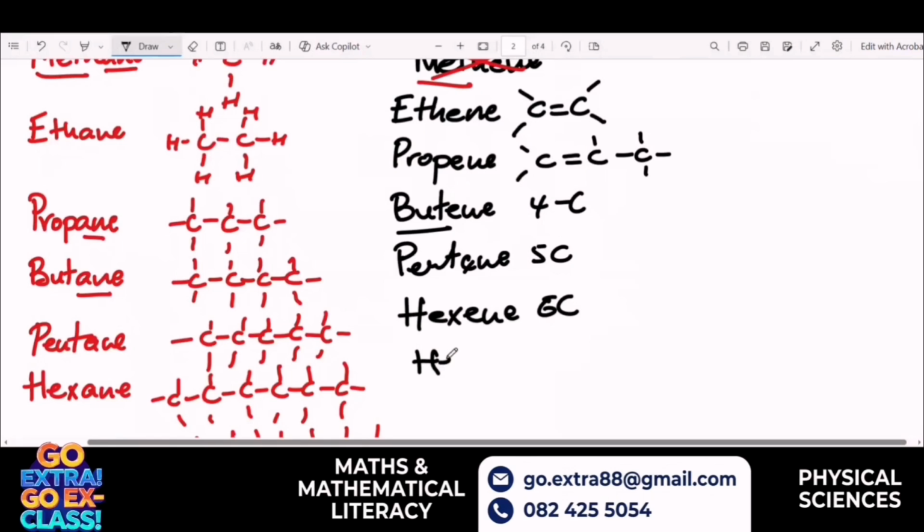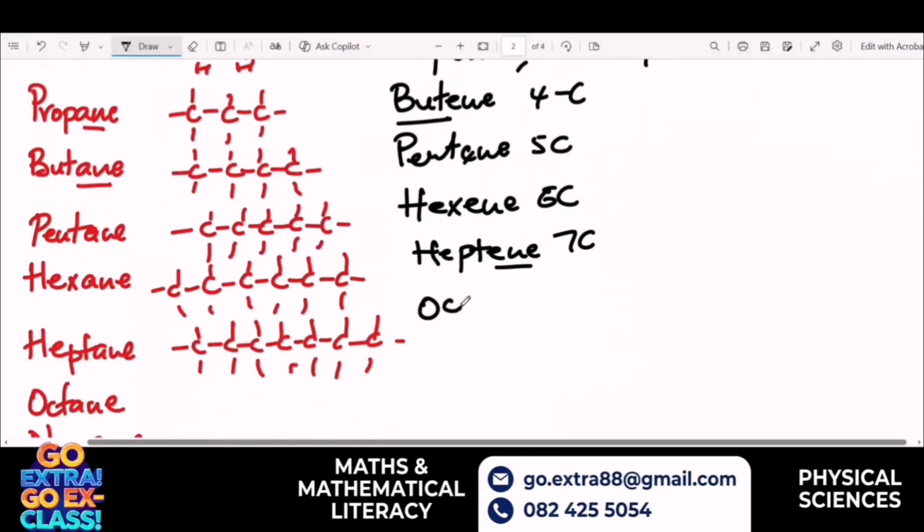And then we're going to have hexene. This one is going to have 6 carbons plus a double bond. And then we're going to have heptene. Heptene is 7 carbons plus a double bond. And then also in there, we have octene, nonene, and decene. Okay, this is what we're going to have.